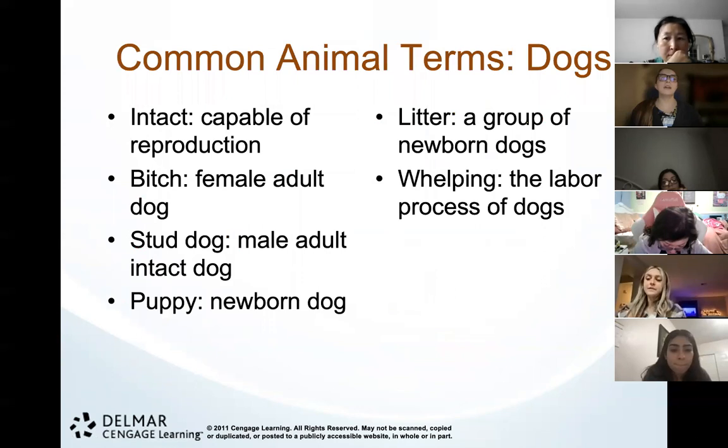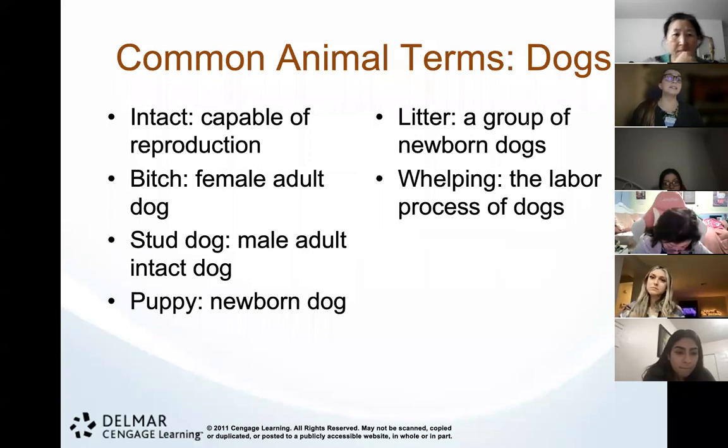And when we are looking at our intact canines, or just intact animals in general, when we say the word intact, that means that they are capable of reproduction. So they still have their reproductive organs. So if I say an intact male dog, I'm talking about a dog that still has their testicles, or an intact female dog, they still have their ovaries and their uterus, they can still reproduce.